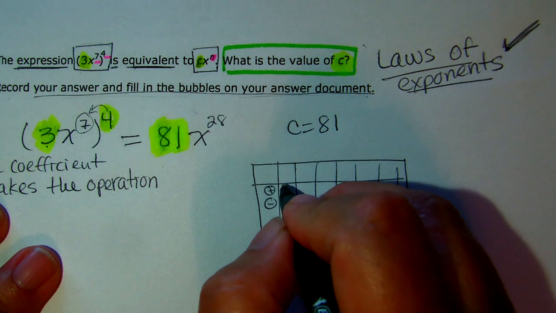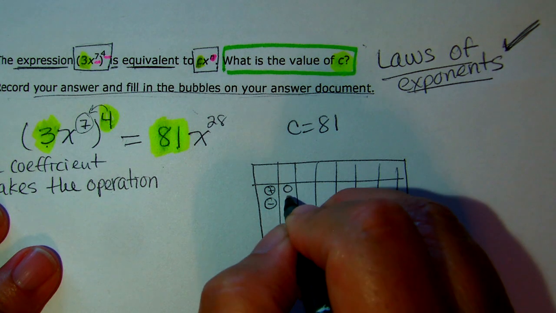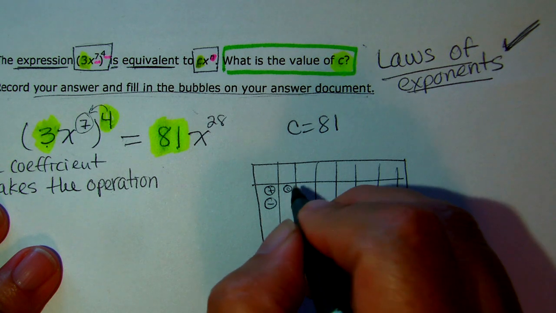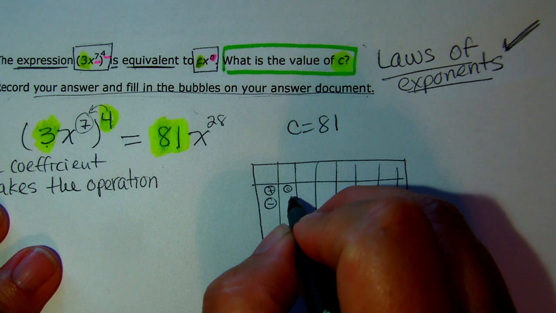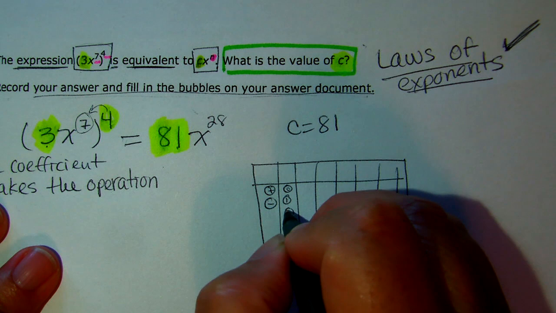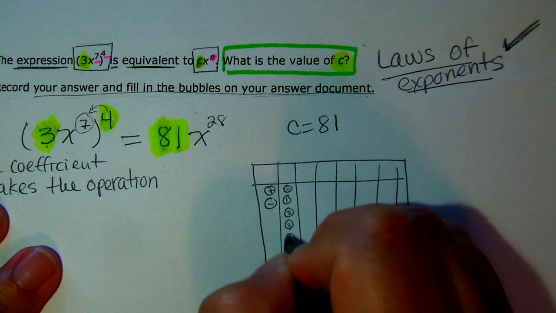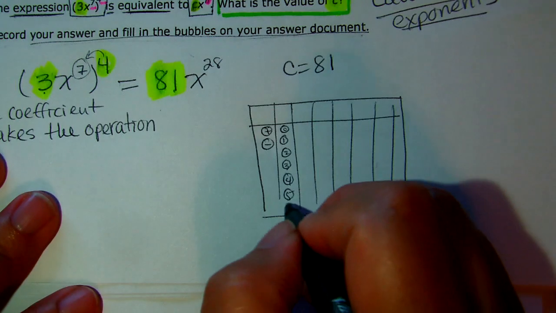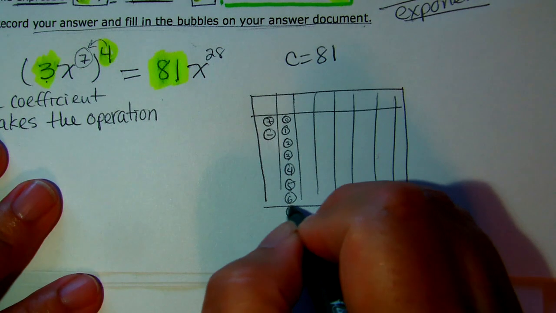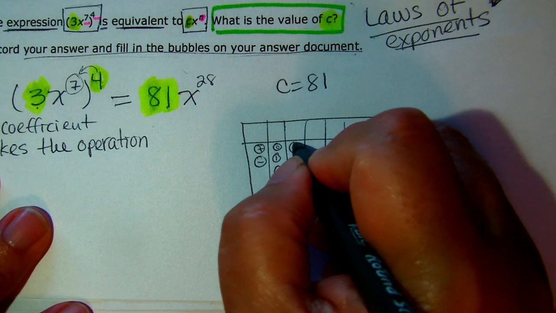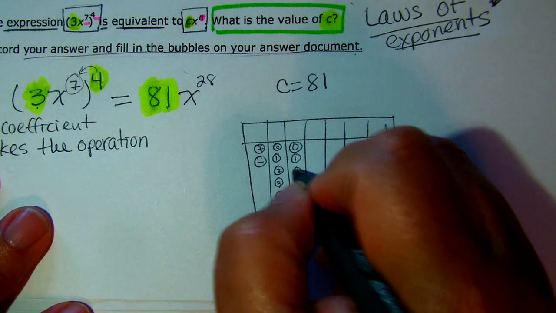You have the 0, 1, 2, 3, 4, 5, 6, 7, 8, and then over here 0, 1, 2.